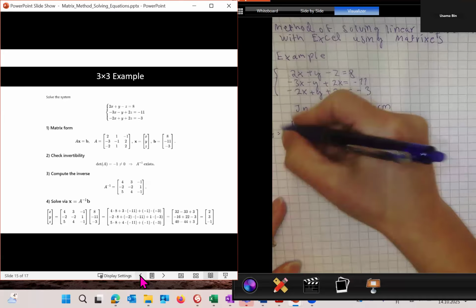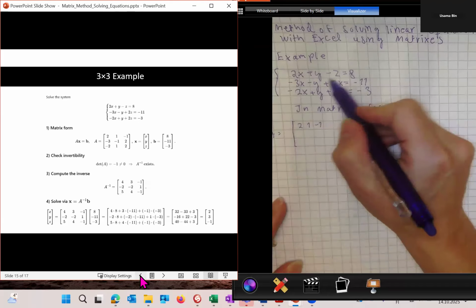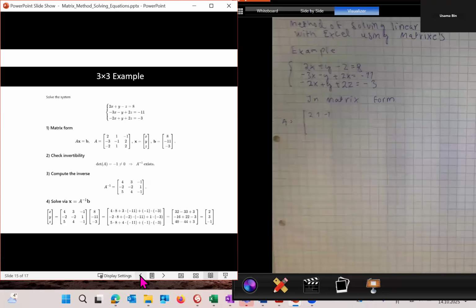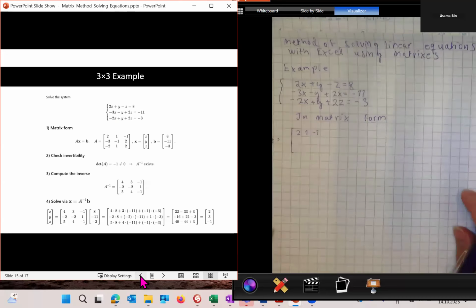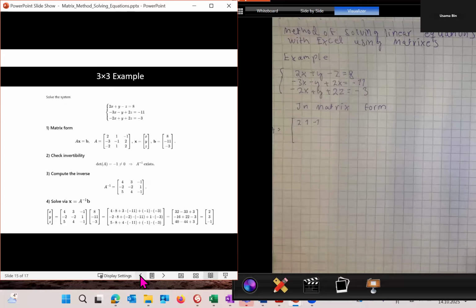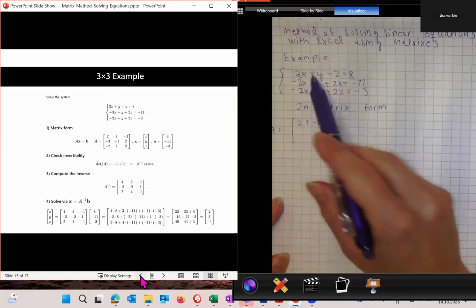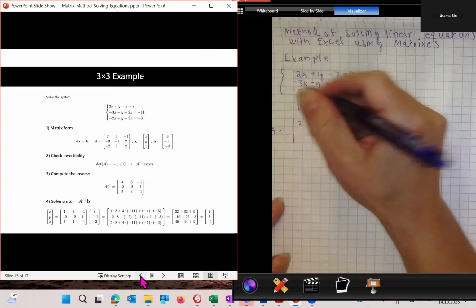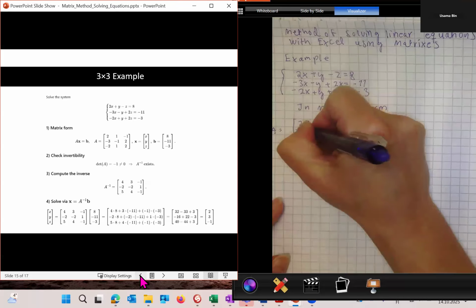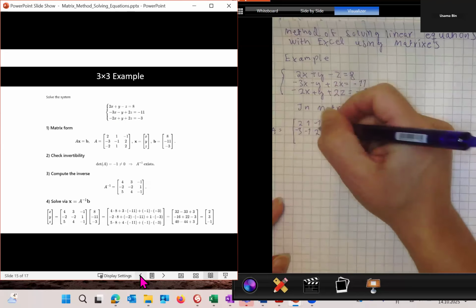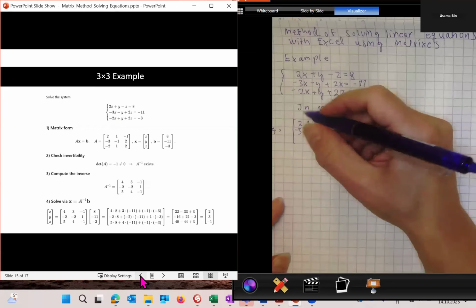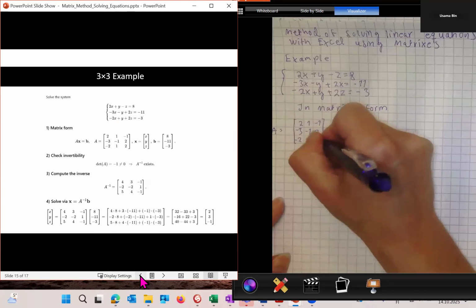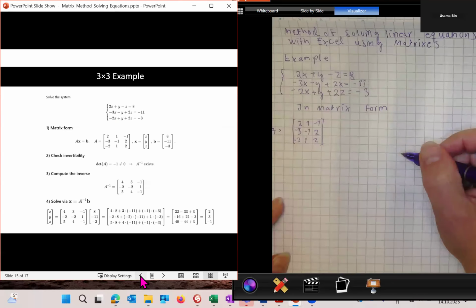I just pick the numbers that those letters are multiplied with. So here it would be 2, 1, and -1. And then -3, -1, and 2. And then -2, 1, and 2. And this is my matrix A.